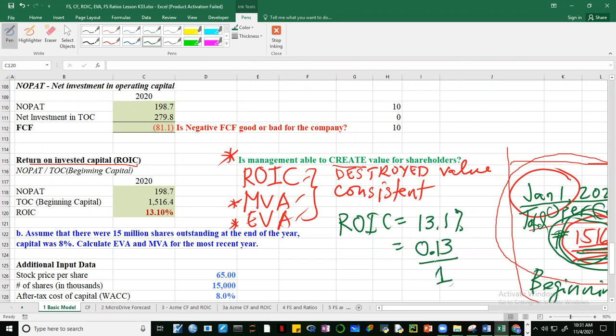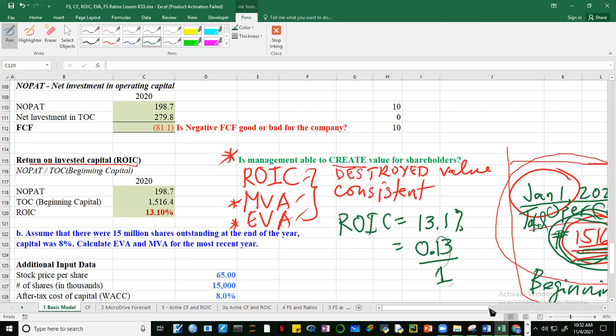It means that for every 1 peso of operating capital provided to management, they were able to generate an operating profit of 0.13. Ang ROIC natin is 13.1%, meaning for every peso of operating capital given to management, we were able to generate 13 centavos or 0.13 pesos of operating profit.